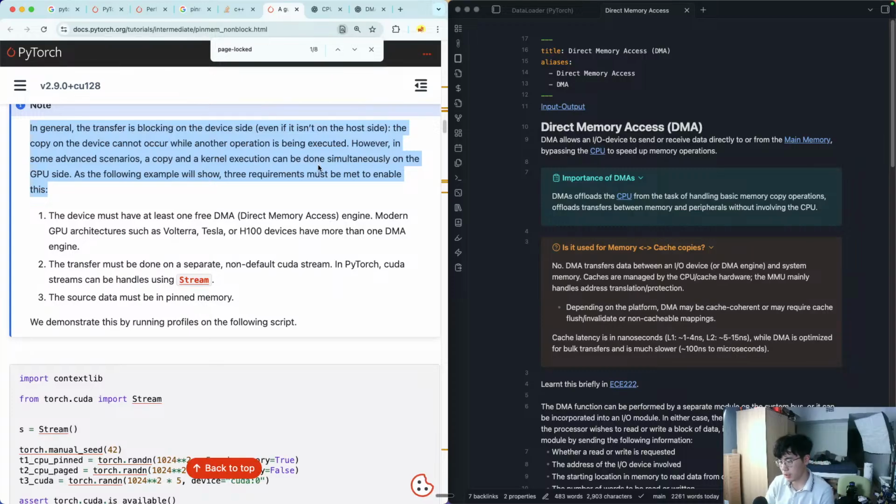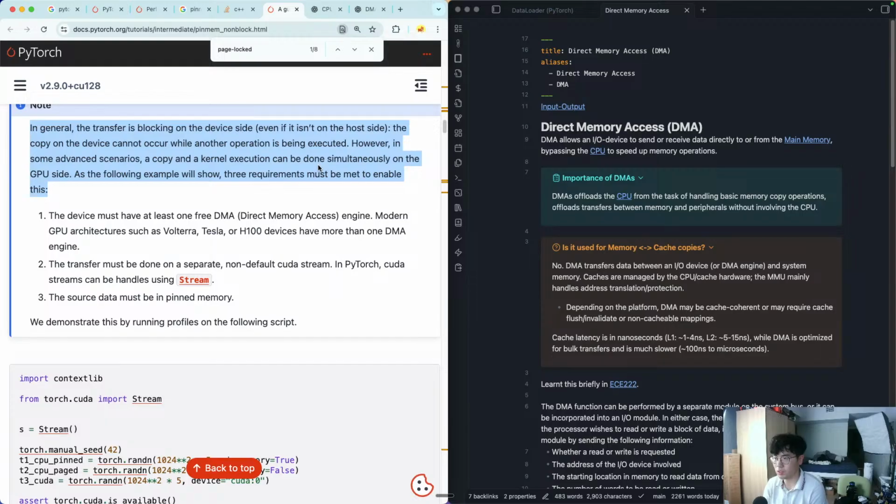Yeah, so as I was saying, when we copy data from disks onto our RAM, usually what happens is we issue a read from our disk, and then there's some driver for our disk, and it has its own DMA engine.